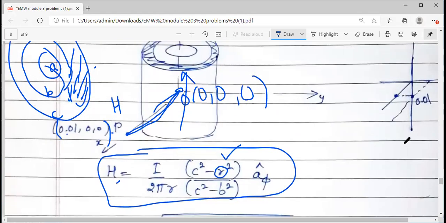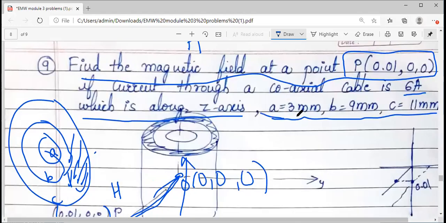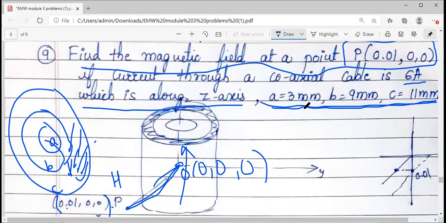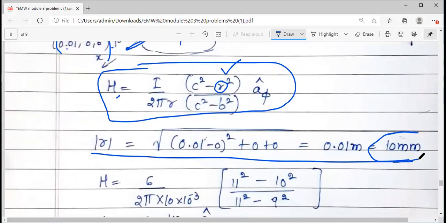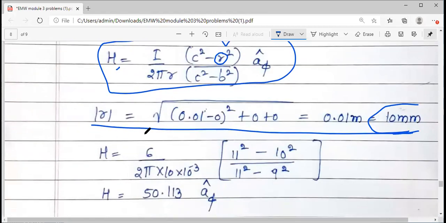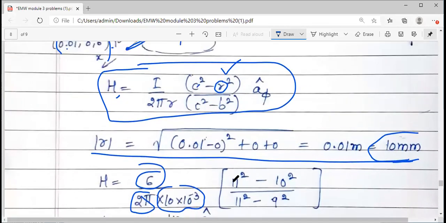Why have I converted it to mm? Because in the question A, B, C everything is given in mm only, so it is easy for cancellations. So if we use the formula H equals I by 2 pi r, 10 mm divided by 2 pi into r, c is 11 mm, r is also in mm, c square is 11 squared, b is 9.